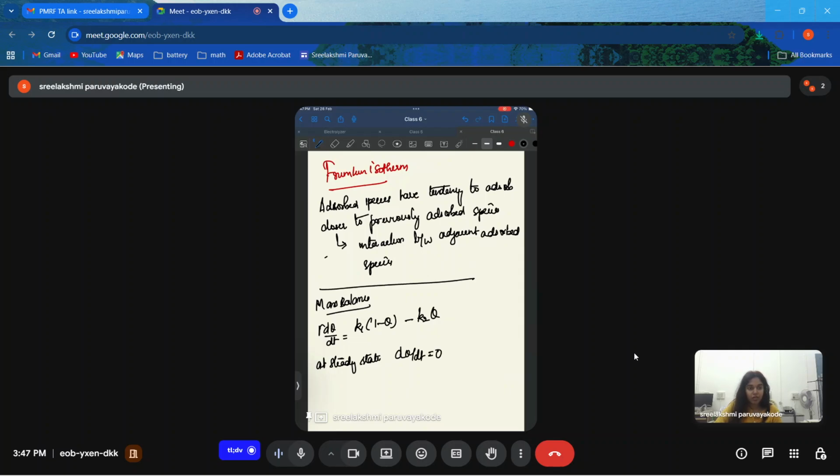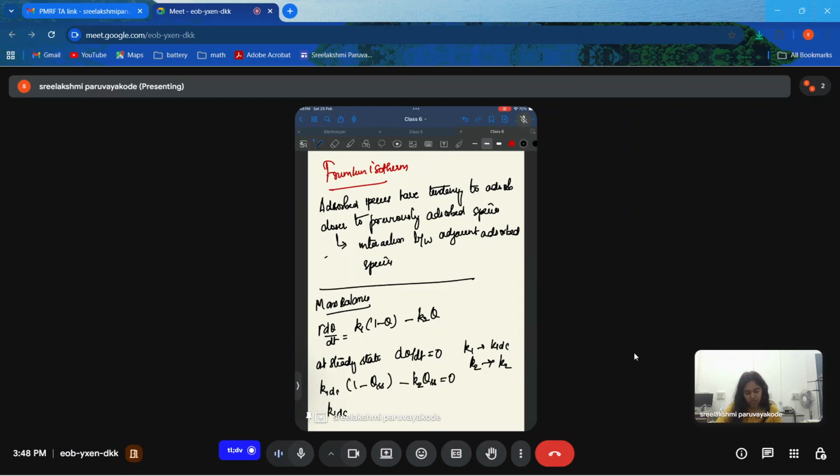And at steady state, we usually apply DC current. So K1 becomes K1 DC. Does K2 become K2 DC? No, right? Because it's a chemical step, K2 remains as it is, as it's not dependent upon the potential. So if I write it, K1 DC (1 minus theta SS) minus K2 theta SS.